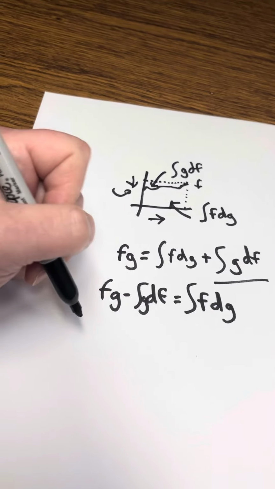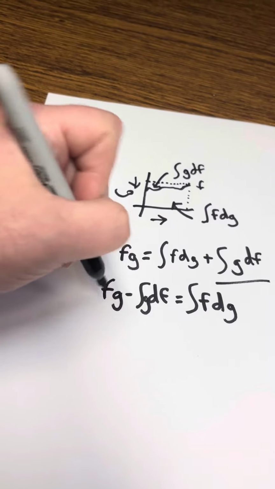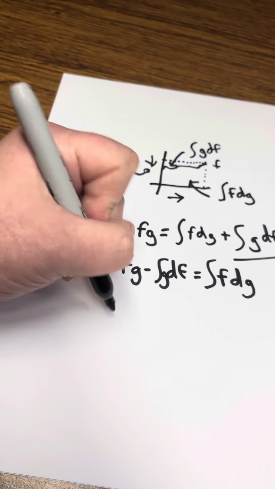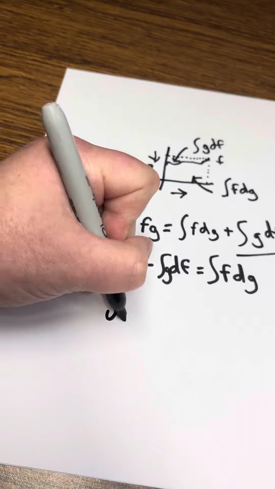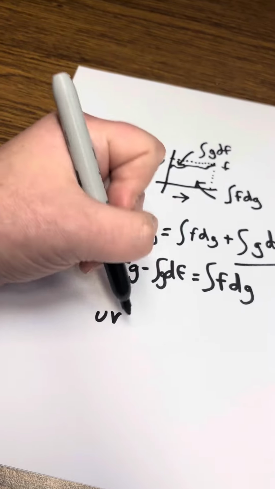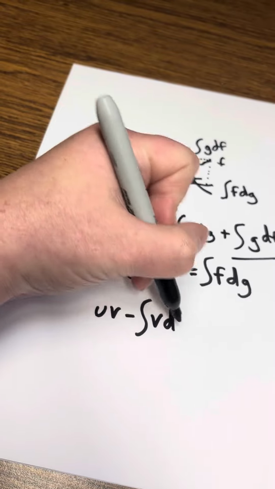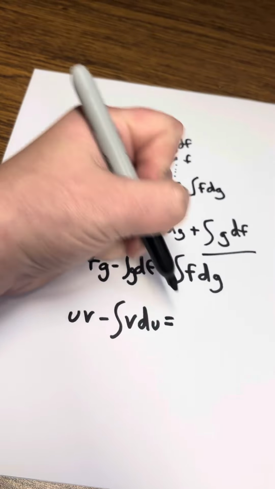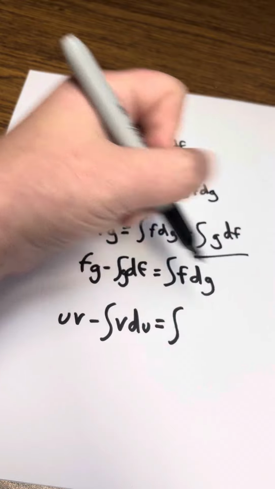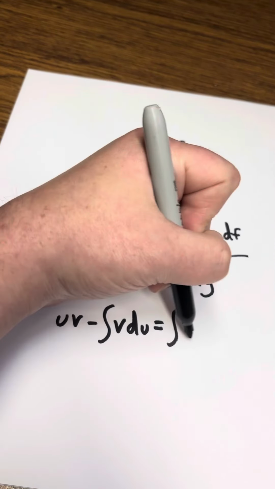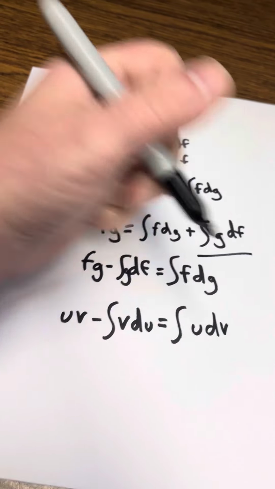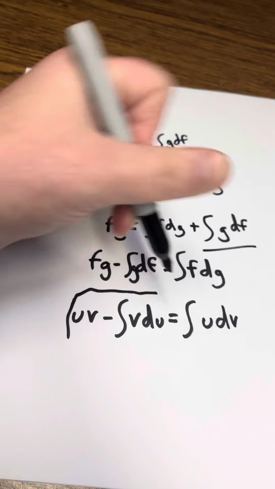And if I replace these variables with the ones that are normally used, you get uv minus integral v du is equal to integral u dv. And that's integration by parts.